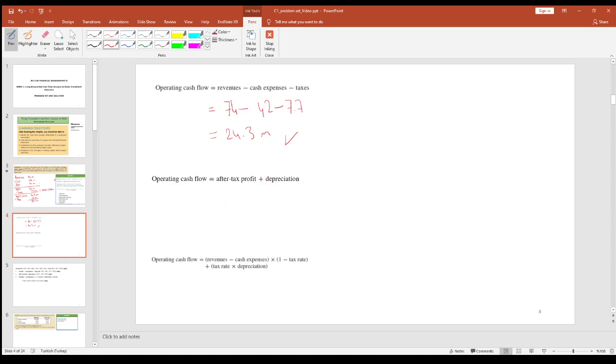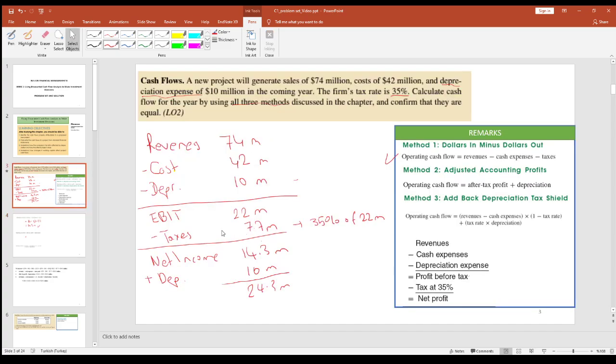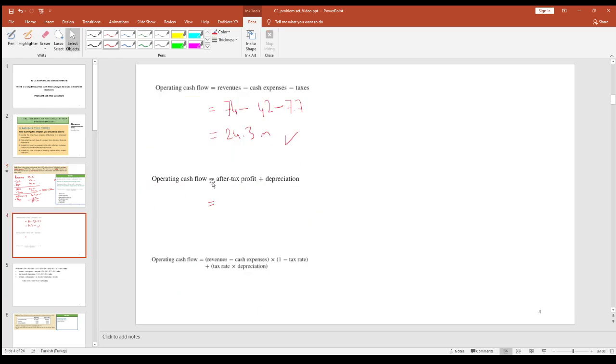The second one, operating cash flow. Here, after-tax profit is net income, so you need to write 14.3, and remember depreciation was 10, and the result will be 24.3 million, which is the same.